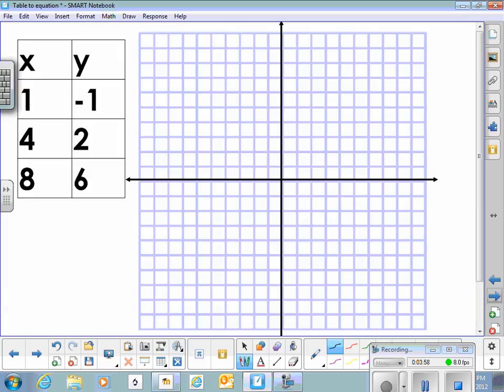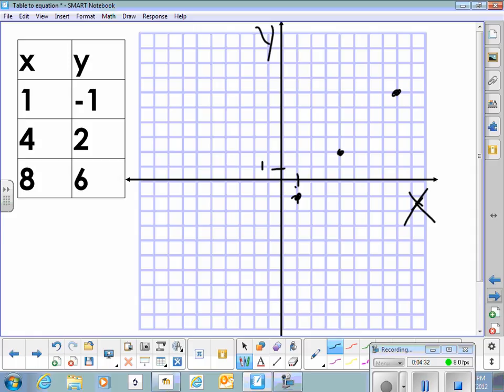Let's graph another set of points from a table. If I say each square is worth 1, the x-axis and the y-axis, we'll go to the point 1, -1, that's right there, 4, 2, 8, 6.